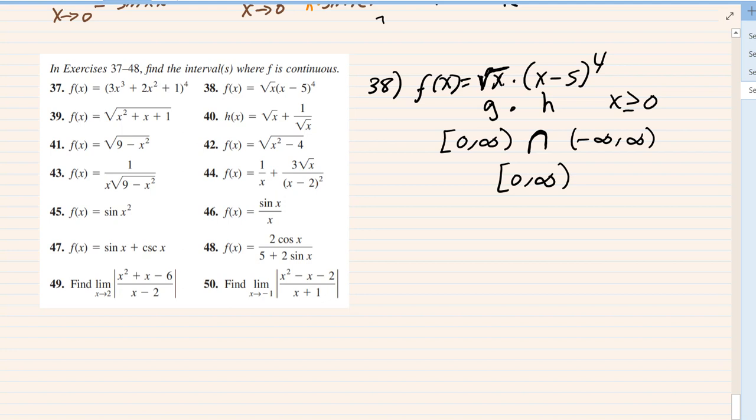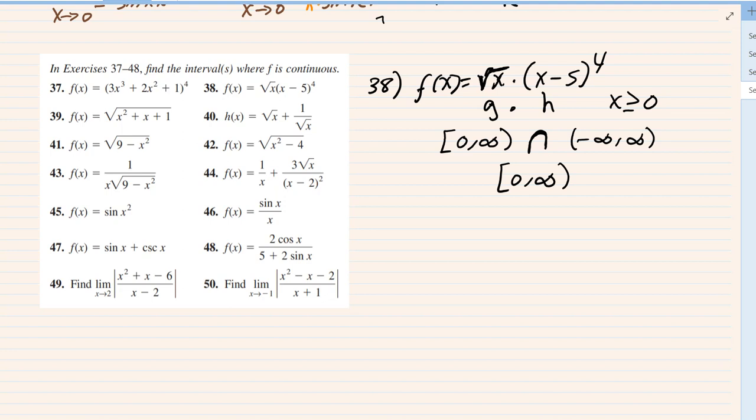Okay. Because again, if I go negative, for example, see, h has no problem handling negative numbers, but the square root of x has problem handling negative numbers. So that would be the answer to number 38.